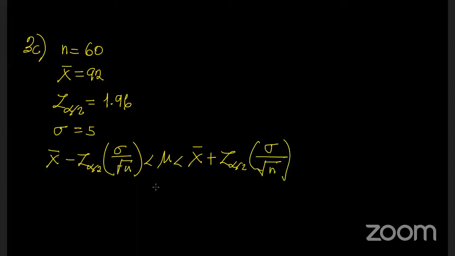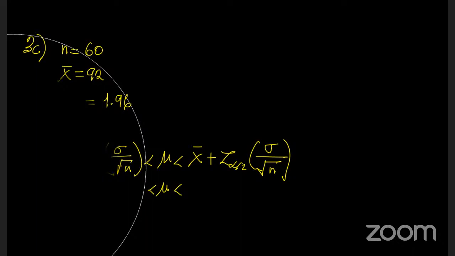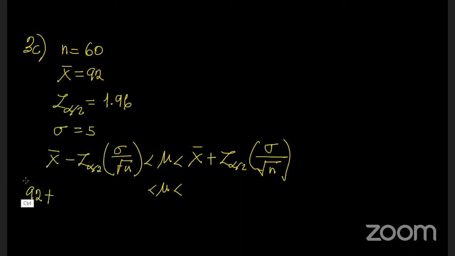Okay, let's work out the left-hand side. To the left, we have the mean, 92, minus this value, 1.96 times, what's the standard deviation?